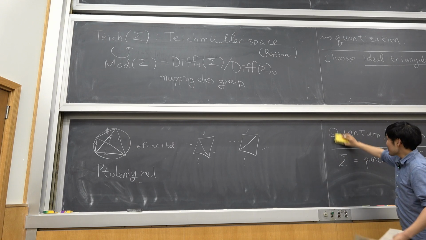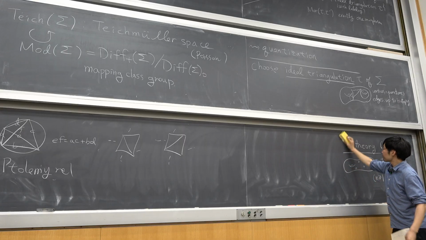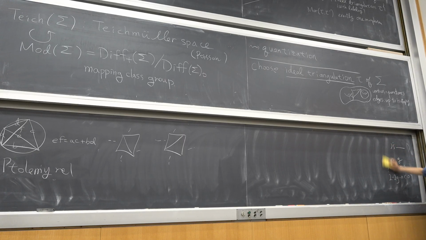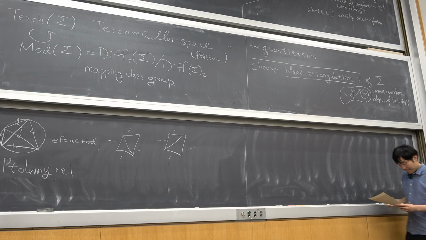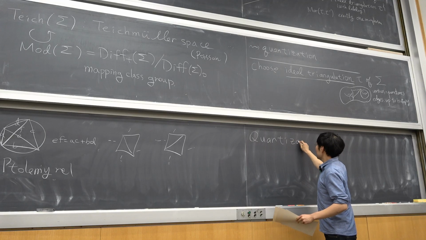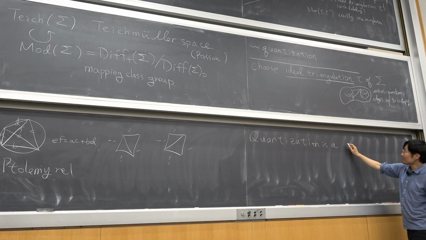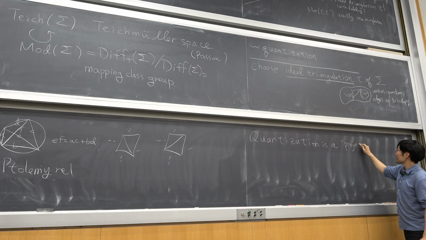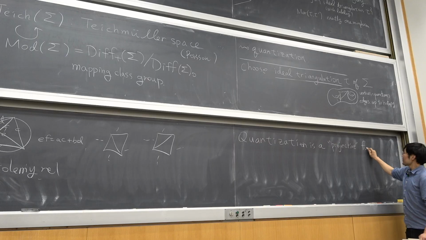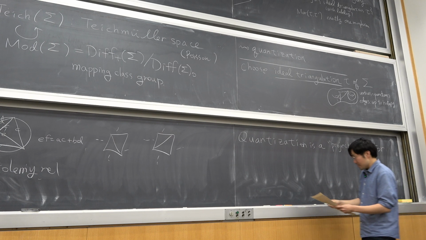Okay, so quantization can be viewed as a functor from this groupoid to the category of Hilbert spaces. That's why I am formulating it in this way. So quantization is, I just said a functor, but to be more precise, a projective functor. So this is the groupoid version of representation and projective representation, as you will see.